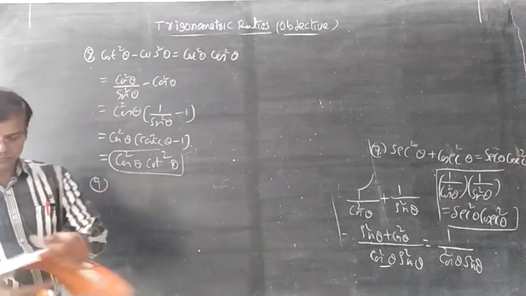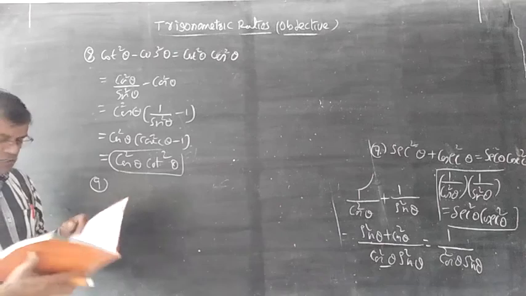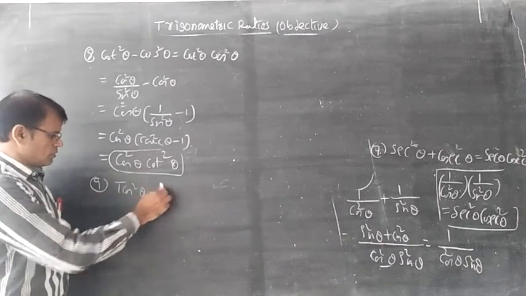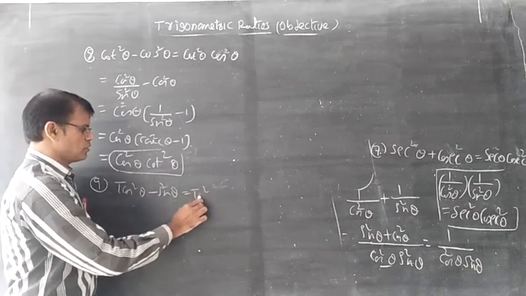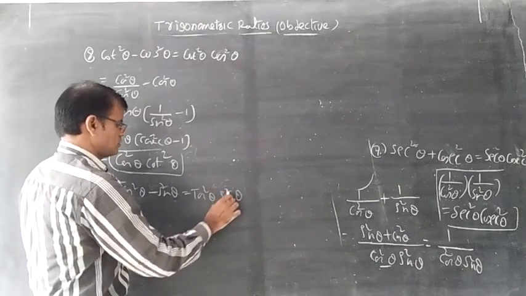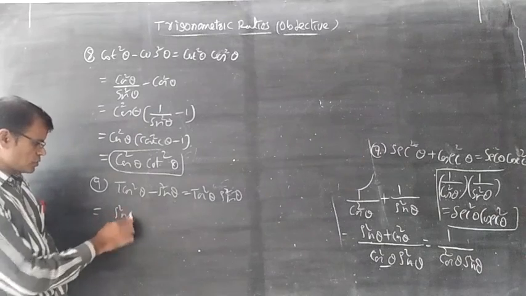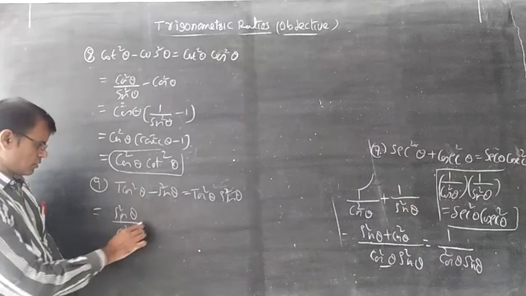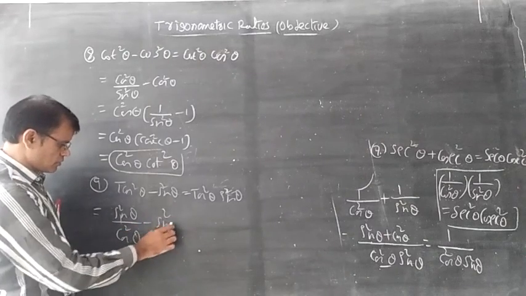The 9th one. In a similar way, start with tan square theta minus sin square theta, which is equal to tan square theta into sin square theta. You can understand tan square theta as sin square theta by cos square theta, minus sin square theta.